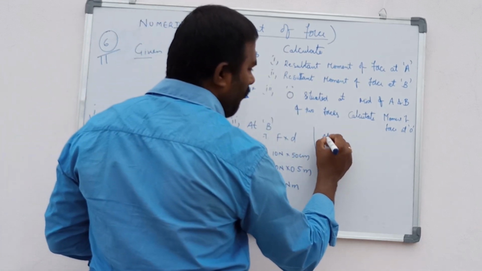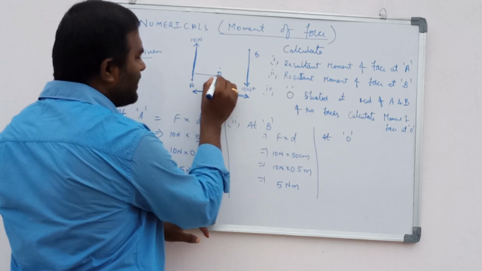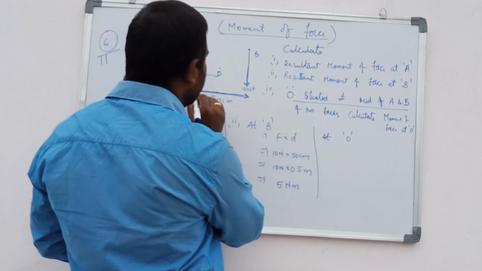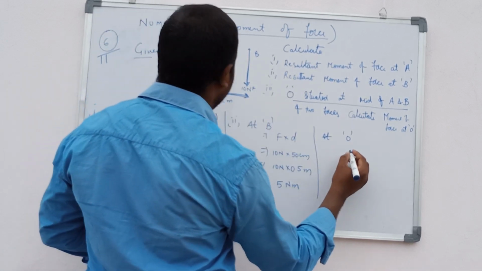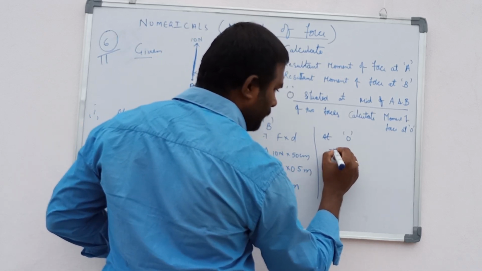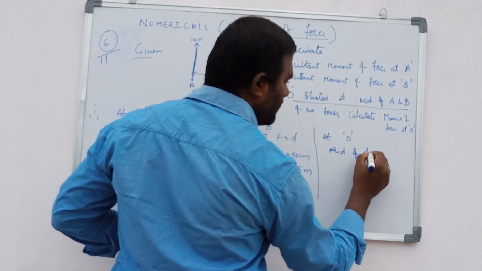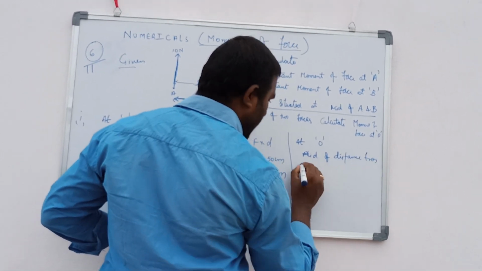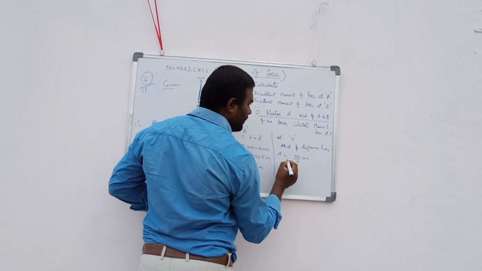At O, because O is situated exactly at the midpoint of A and B, A and B are separated by 50 centimeters, but at the midpoint how much will it be? The distance from A to O is equal to 50 by 2 centimeters.